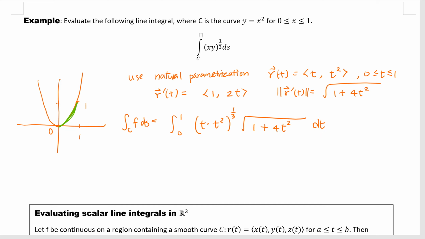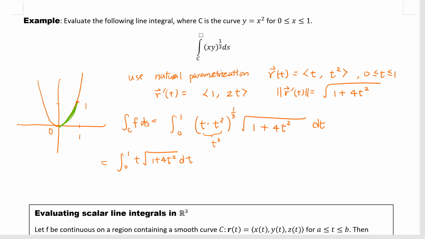So far so good, everybody? Yes, we're plugging x is t and y equals t squared inside the function f. And you see this guy is t cubed, but we have cube roots, so we only have t. Square root of 1 plus 4t squared dt.